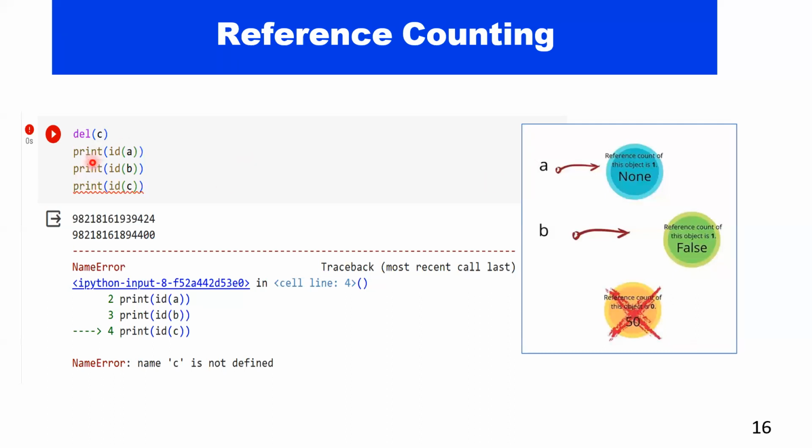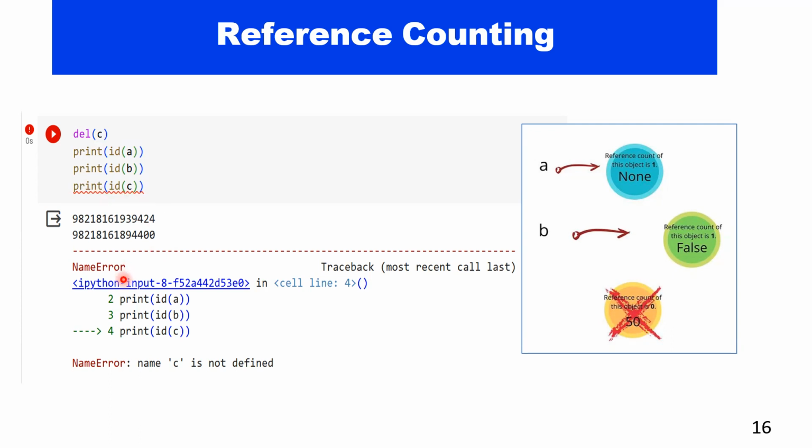Now, if you try to print id of A, id of B, and id of C once again, since there are objects that are referred to by A and B, it prints the memory addresses that are referred by A and B. On the other hand, for id of C, because C is now not pointing to any of the objects, if you try to print id of C, it gives an error.